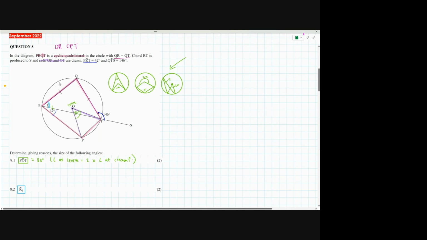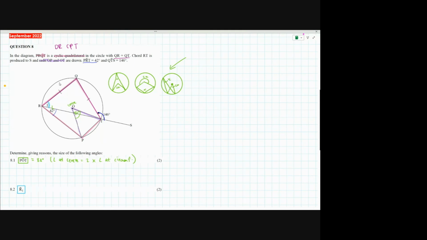So, ma'am, since in the description they tell us it's a cyclic quad, and also it's an angle at the circumference, which is a 90-degree angle, and also with the cyclic quad, two angles make 180.